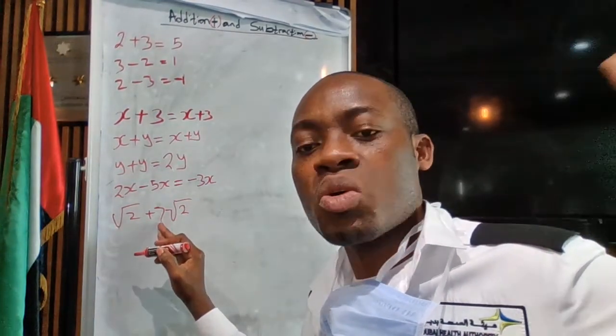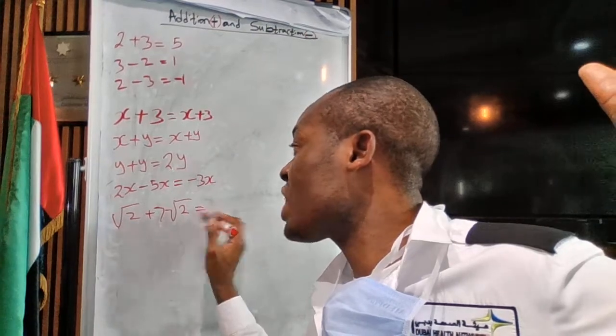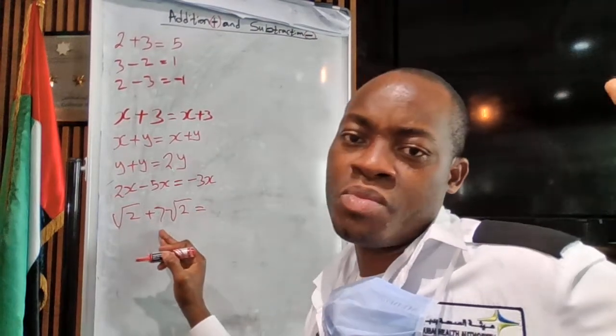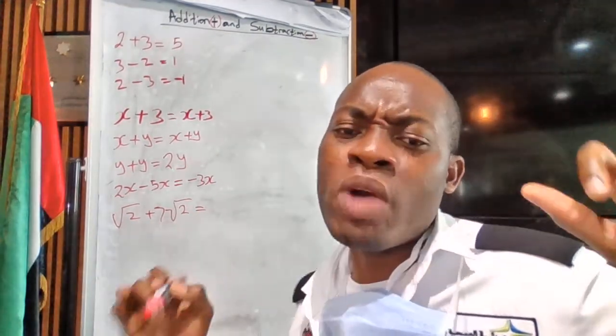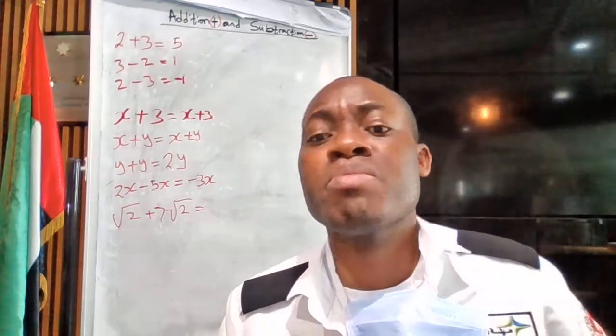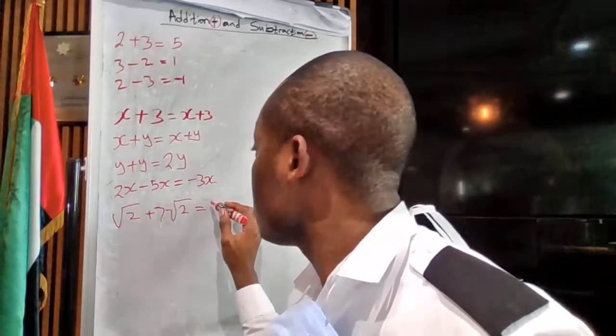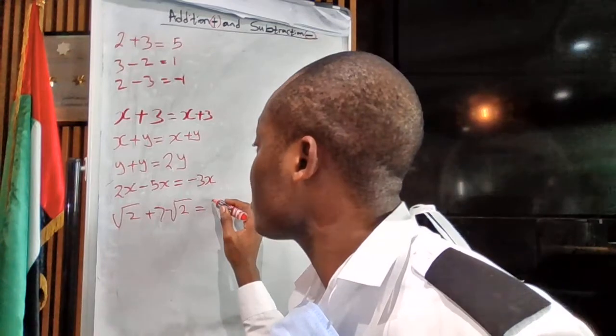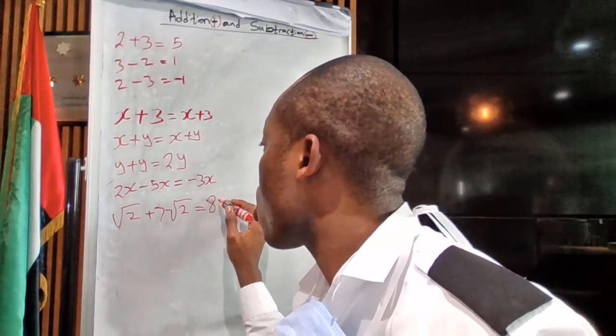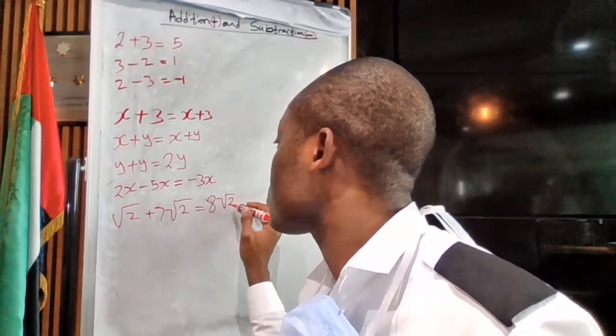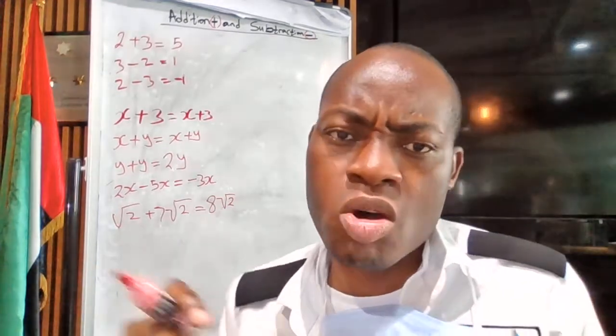This 7 is just the coefficient. That means you can add and subtract them. Are we together? So when you are doing your addition and subtraction, always remember that you have to know how to identify like terms and what? Unlike terms. So that's under surd.